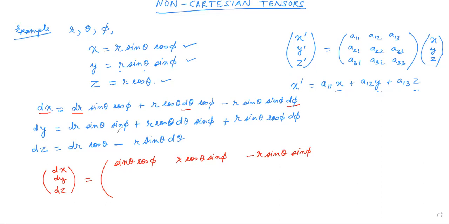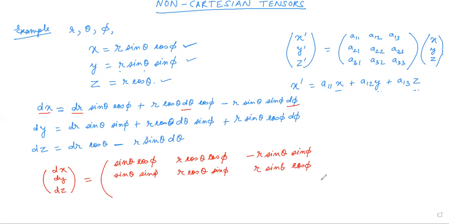Similarly, for the second line, we have sine theta sine phi, then r cos theta sine phi, then r sine theta cos phi.